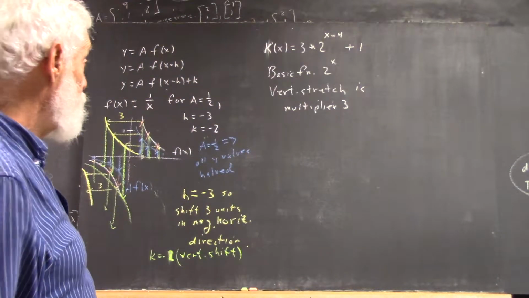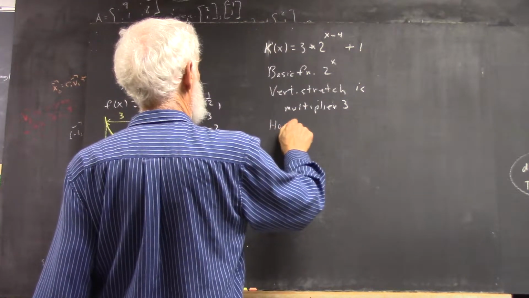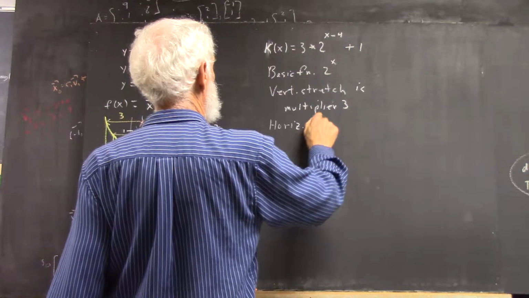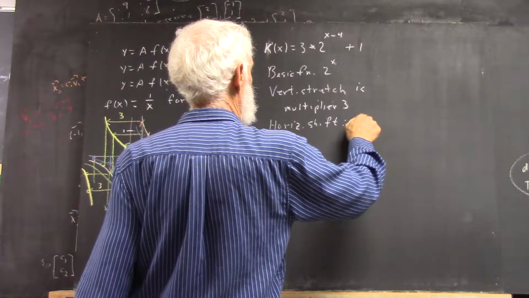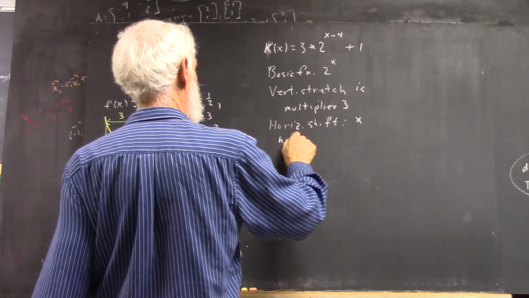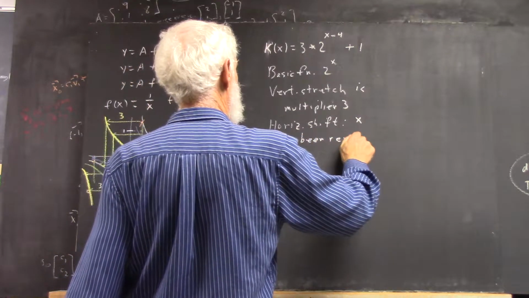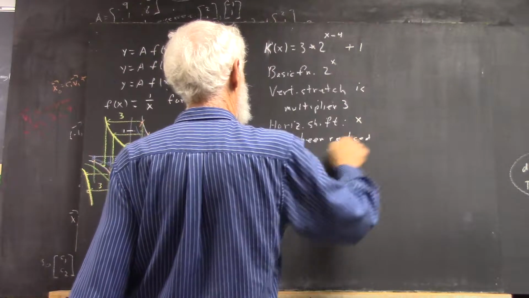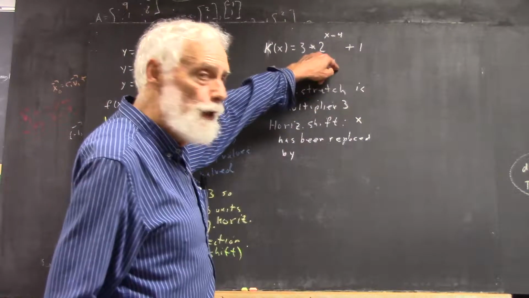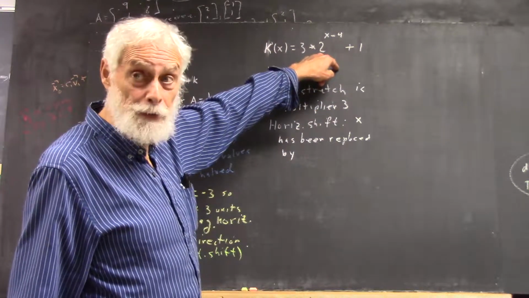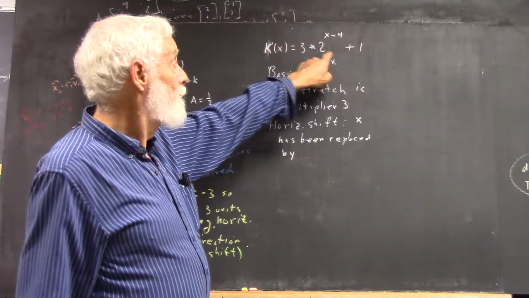What's your horizontal shift? 1. Well, your basic function is 2 to the x, but x has been replaced by something, hasn't it? What's it been replaced by? X minus 4.